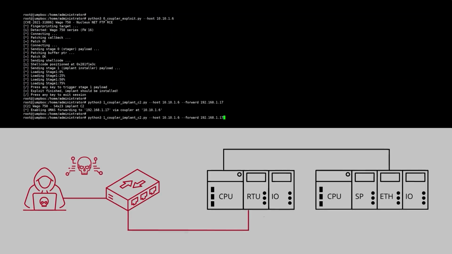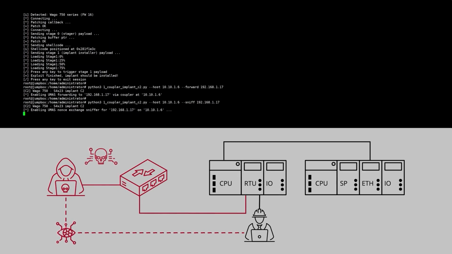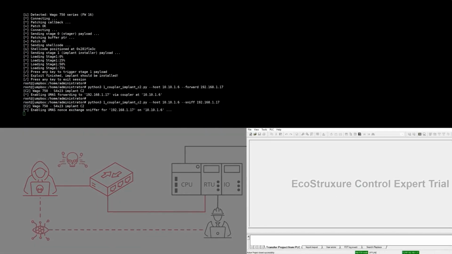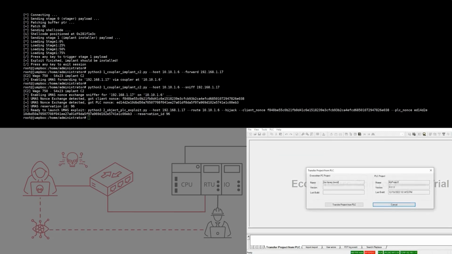In addition, the attacker will instruct the implant to sniff Schneider UMAS authentication traffic. Meanwhile, an unsuspecting engineer authenticates to the M340 PLC as part of regular operations.